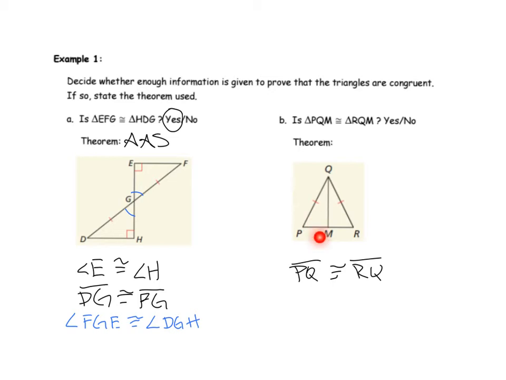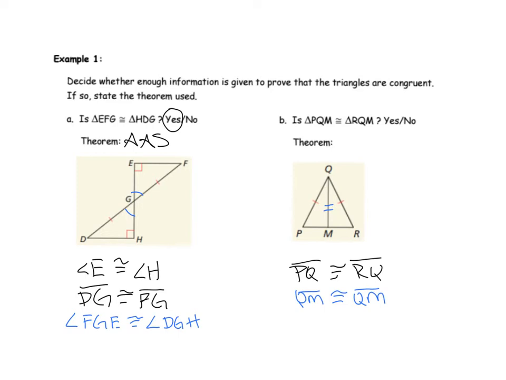So even though this may look like QM is perpendicular to PR, we cannot make that assumption because they're not marking it for us. The only additional mark that we can make is here on QM, because both triangles share side QM. So we know that QM is going to be congruent to QM because of the reflexive property. But that's it. I don't see vertical angles or anything else.